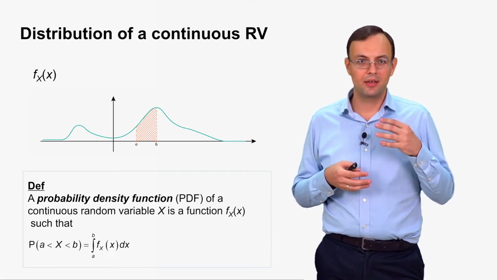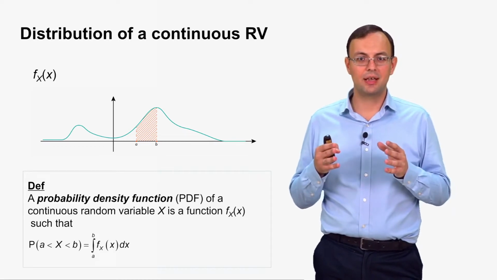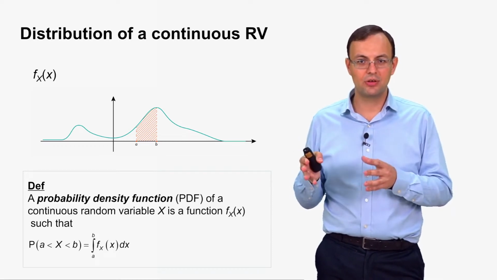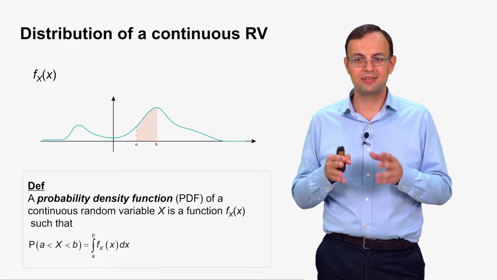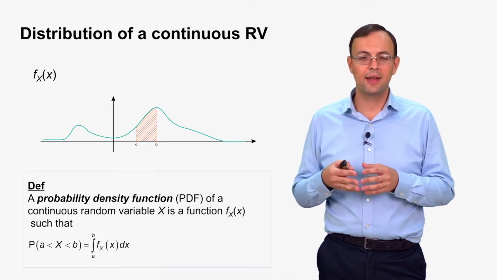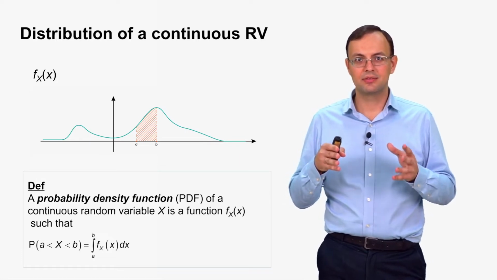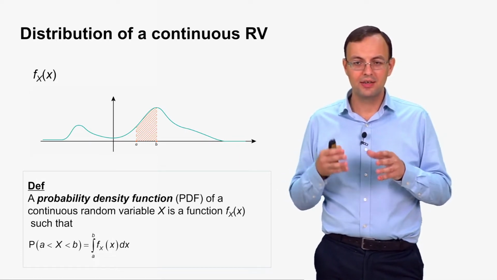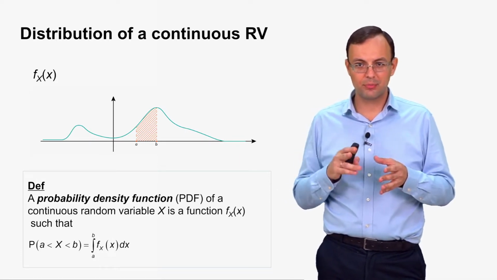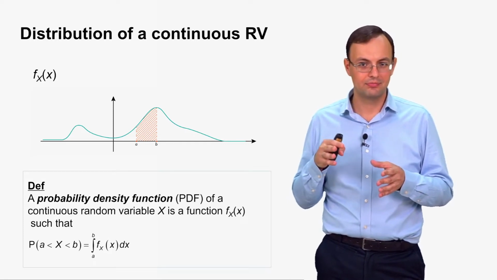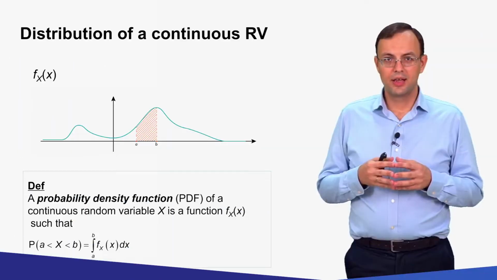So the definition is that a probability density function of a continuous random variable is such a function that the probability that X will take some value from A to B is equal to an integral from A to B of f, the PDF.